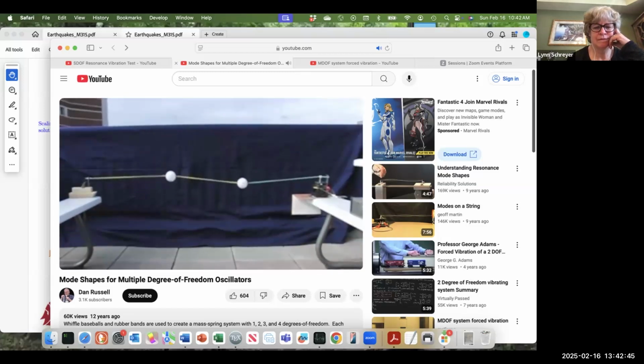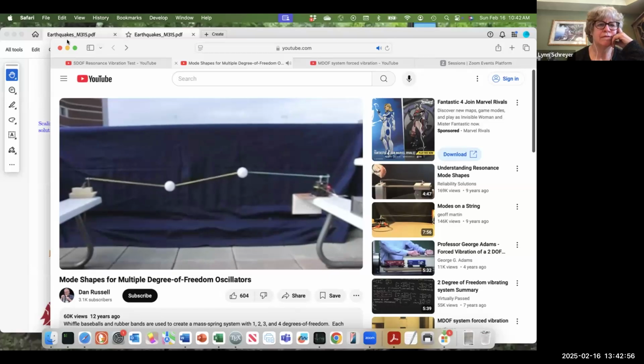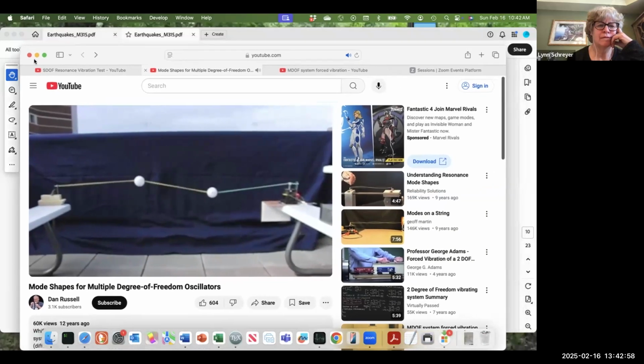In the second mode of vibration, the 2 masses oscillate in opposite directions, one going up while the other one's going down. At the very center in between the 2 masses is a node, a point that doesn't move at all.